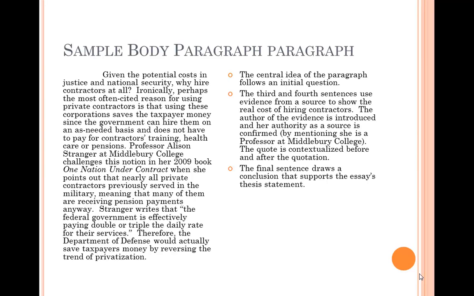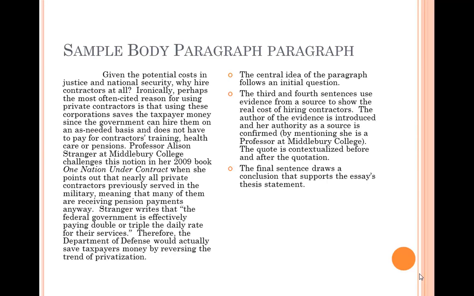The third and fourth sentences use evidence from a source to show the real cost of hiring contractors. So to prove what this paragraph is aiming to prove, the author of the evidence is introduced, and her authority as a source is confirmed by mentioning that she's a professor at Middlebury College.